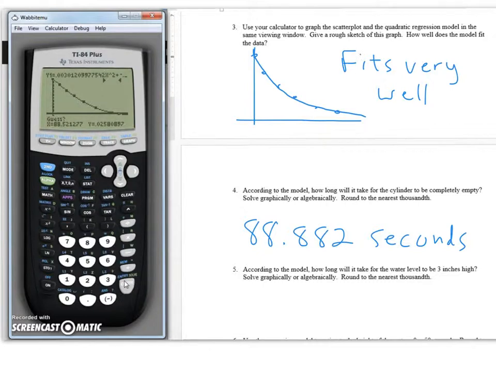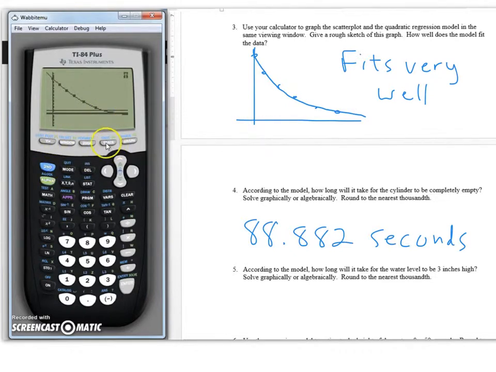And to do that, we'll need to actually put the horizontal line in at y equals 3. So we'll press y equals and enter just the number 3 under y2, and then graph it. And we'll see we get a horizontal line, and we're looking for that point of intersection.